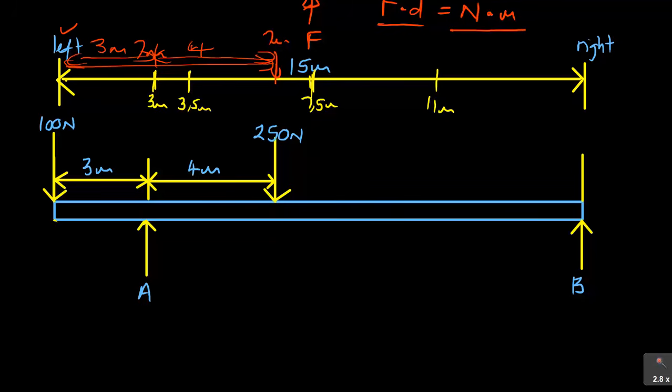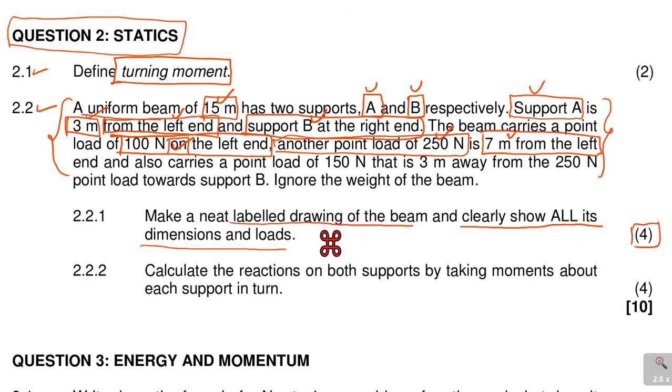Then the next one says, the statement continues, from the left end, and also carries a point load of 150 newtons, 3 meters away from the 250 newtons point load towards support B. So you see what they're saying now? You have another one which is 150 newtons. Let me just clear this.